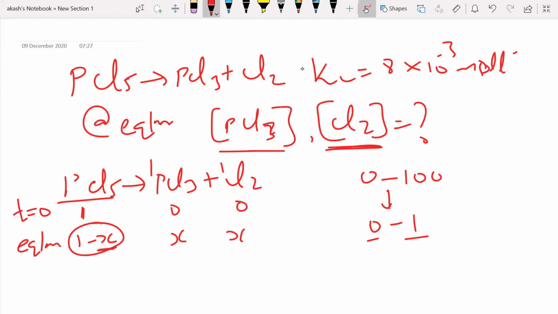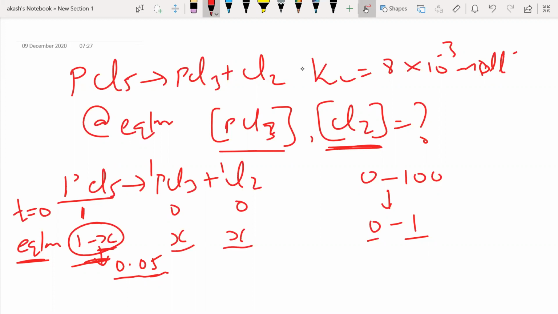Now, in the question itself, they have given us this value. Which value? The concentration of PCl5 at equilibrium. What is the concentration of PCl5? They have given us that, it is 0.05 mole per liter. Now if I know 1 minus X, can I find the X value?